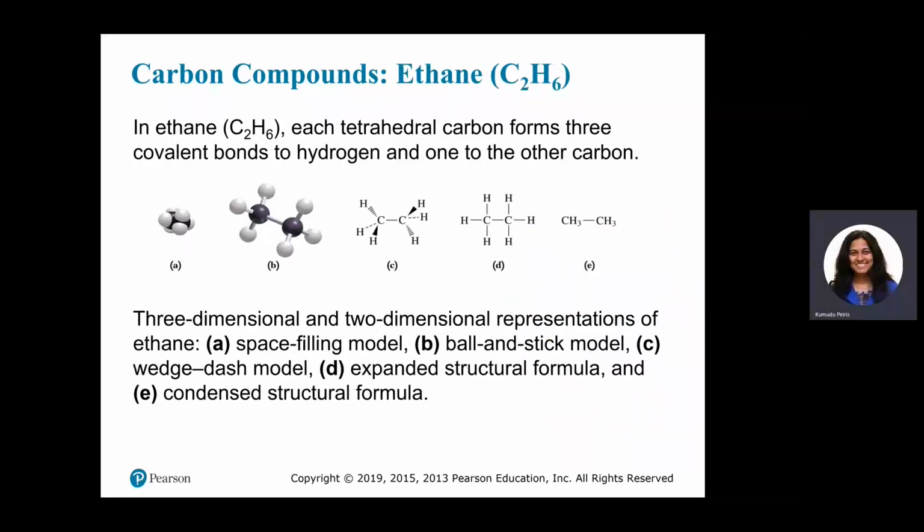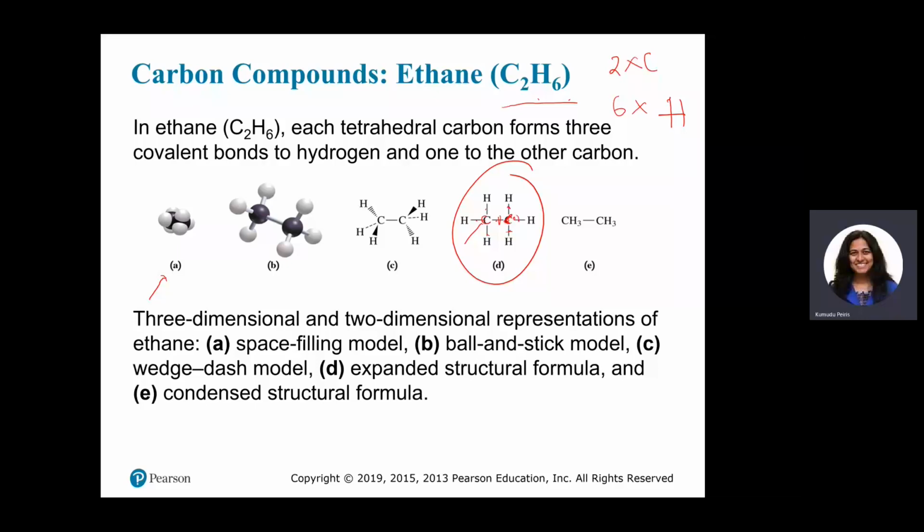The carbon compound that we are going to talk about is ethane. Its molecular formula is C2H6. What does that mean? Yes, it has 2 carbons and 6 hydrogens. So again, this is the structure. Every carbon must have 4 bonds on it: 1, 2, 3, 4. 1, 2, 3, 4.